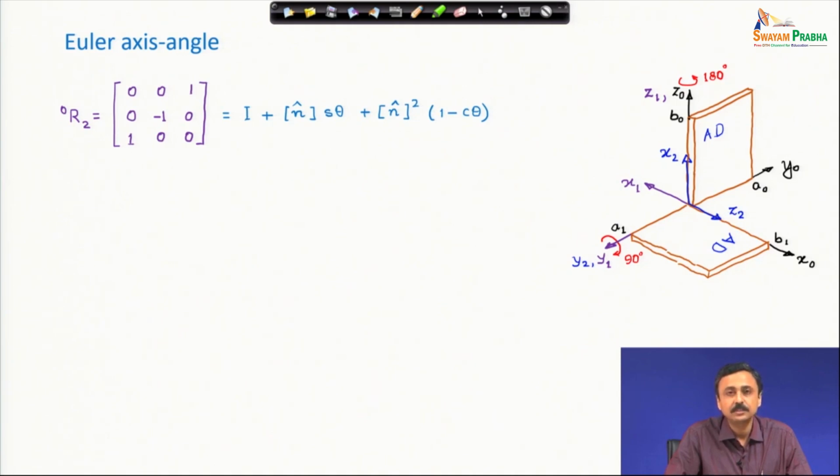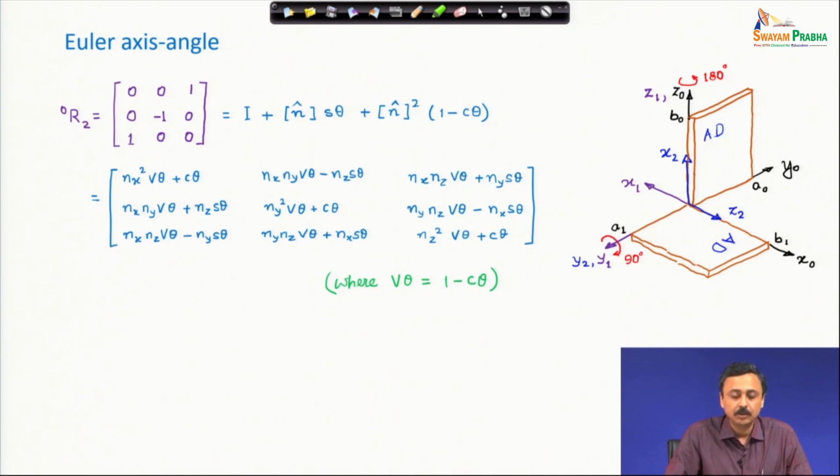We have derived this and it is quite easy to remember, and now we have to find out n cap and theta. The problem is reversed. Initially we were given n cap and theta, and asked for the rotation matrix. Now we are given the rotation matrix, and we are asked to find out n cap and theta.